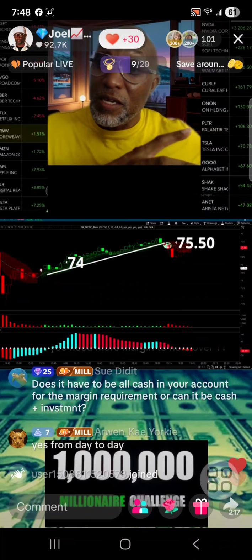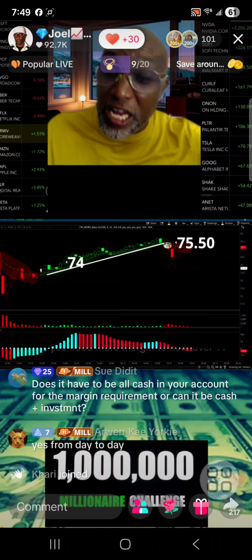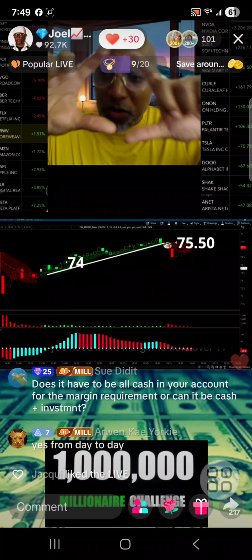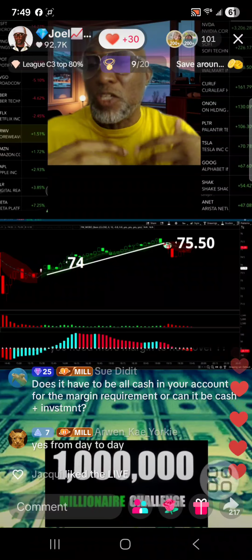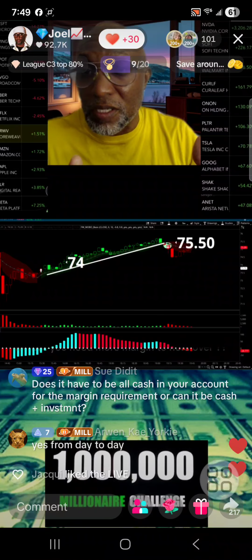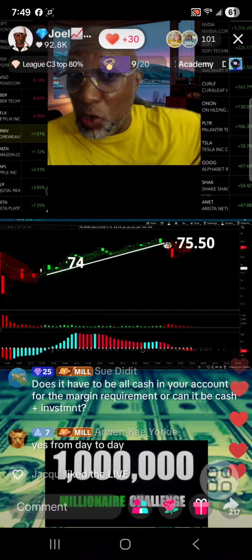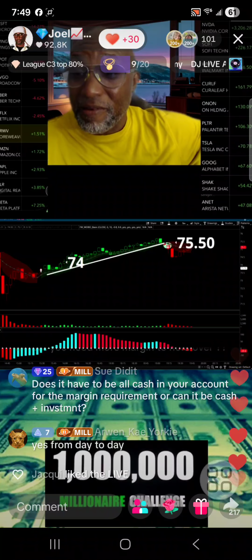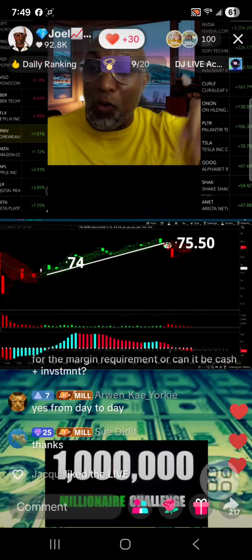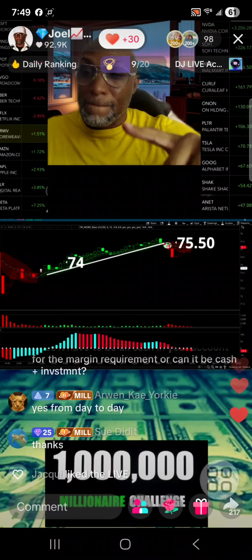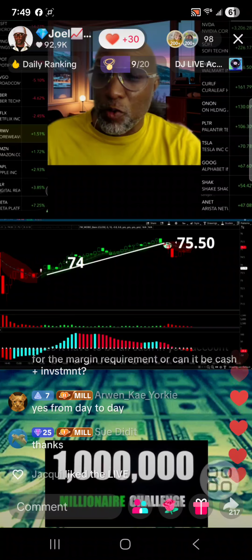So yes, you need to have that free in your account. You can't be totally invested in options and trade futures at the same time. You have to have $11.91 sitting there to be able to buy one contract. Okay. Very good question.